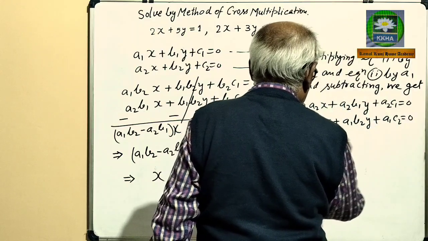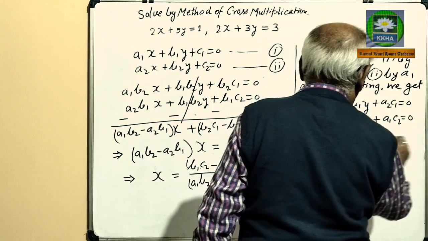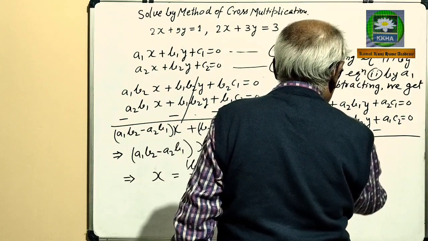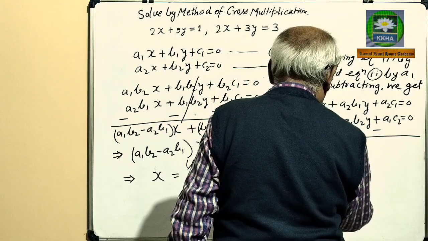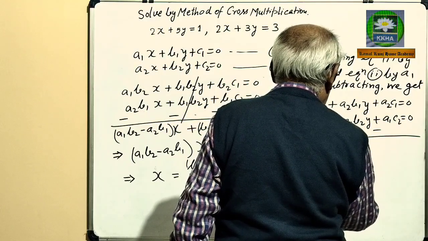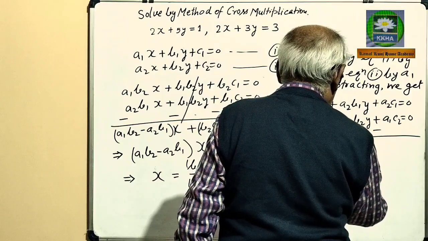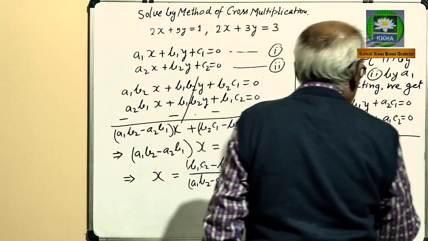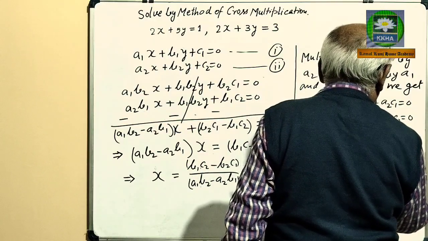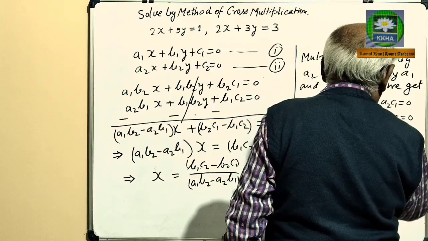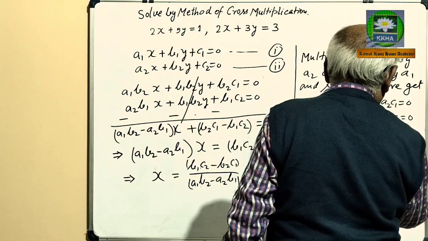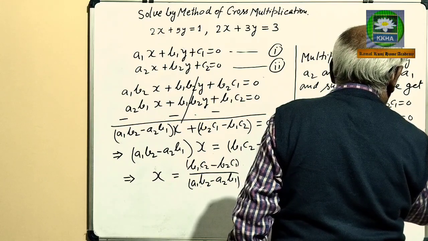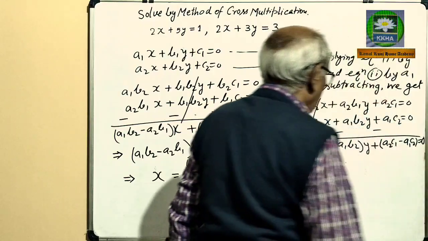Now subtract it. So this cancels out. So here we have a2 b1 minus a1 b2 times y plus a2 c1 minus a1 c2 equal to 0.